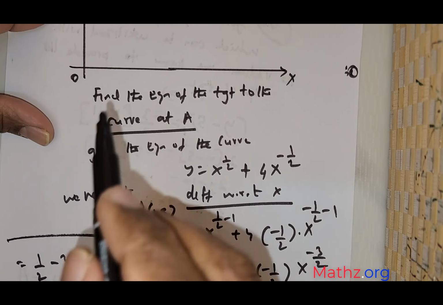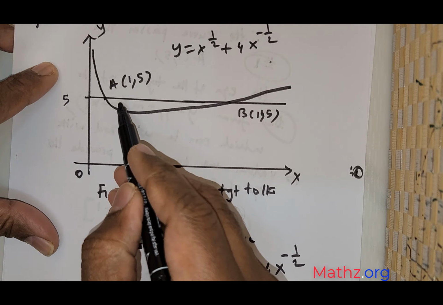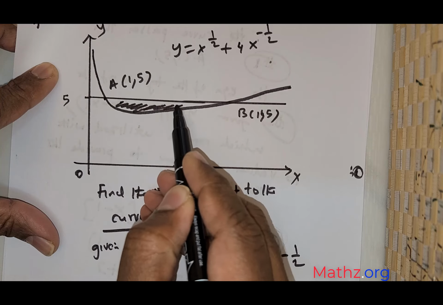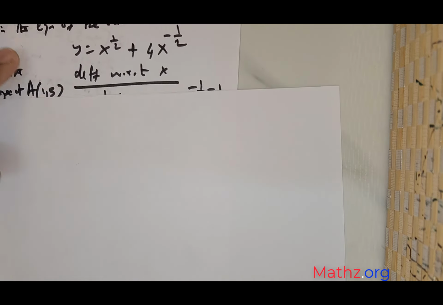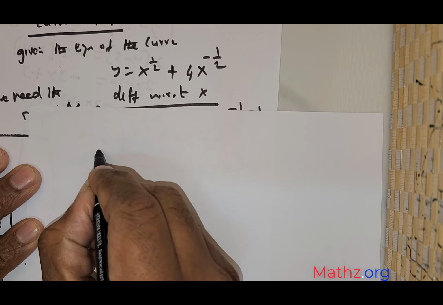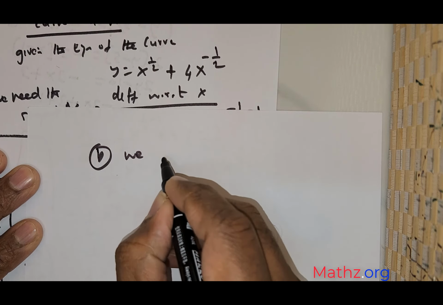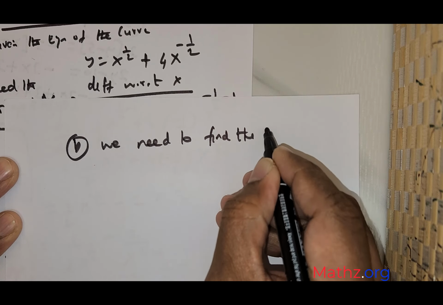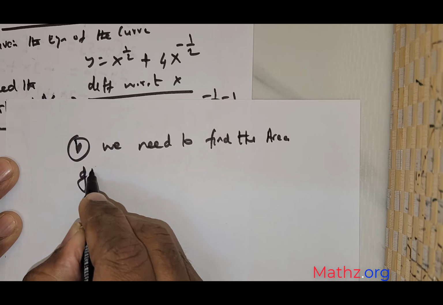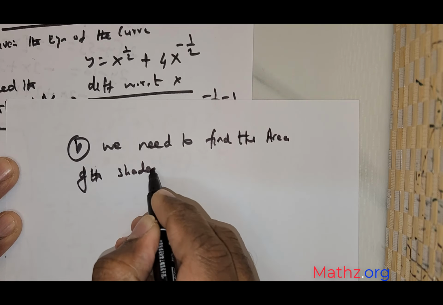Now the next part wants us to find the area of the shaded region, right? So let me write that. Part 2, B. We need to find the area of the shaded region.